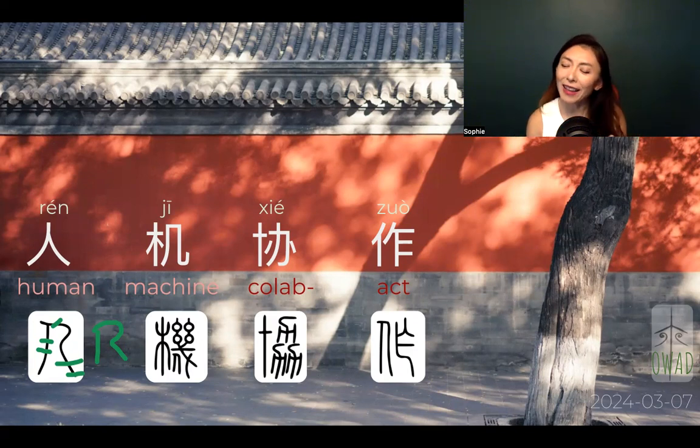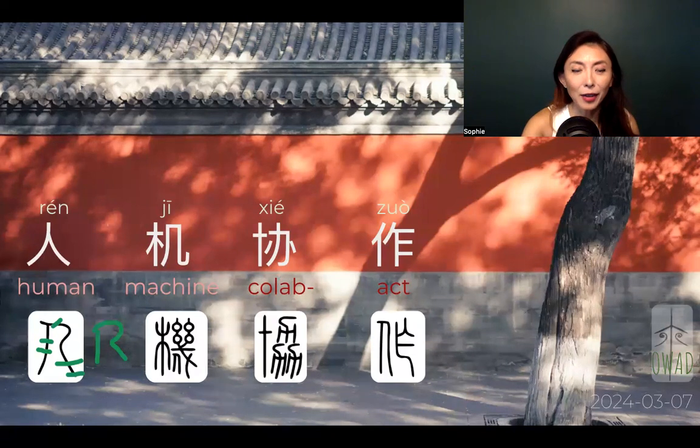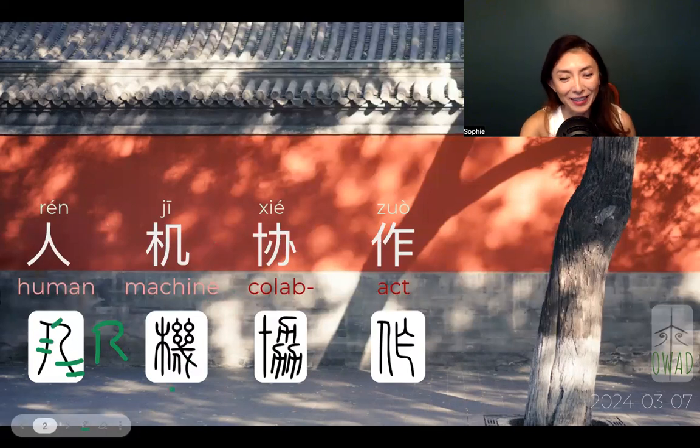I like human in English, it's two syllables, right? Or man, right? That's simple enough. But the Chinese make it even more simple, just two strokes. Read as 人.